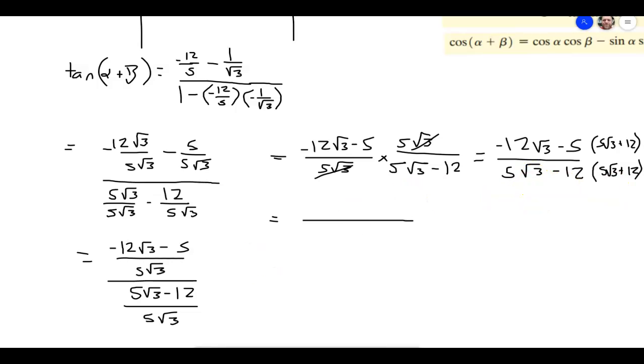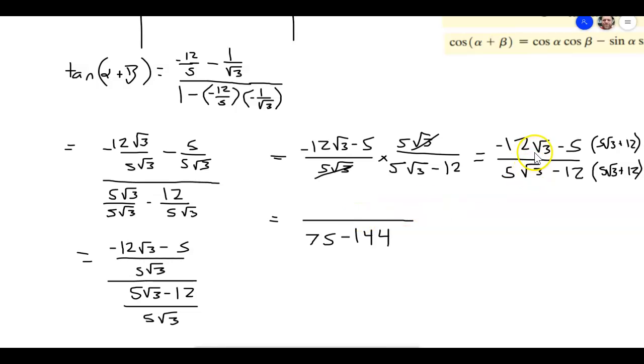So the bottom, you do 5 root 3 times 5 root 3. So that's going to be 25 times 3, which is 75. And then minus 144. And the outer and the middle terms will cancel there.